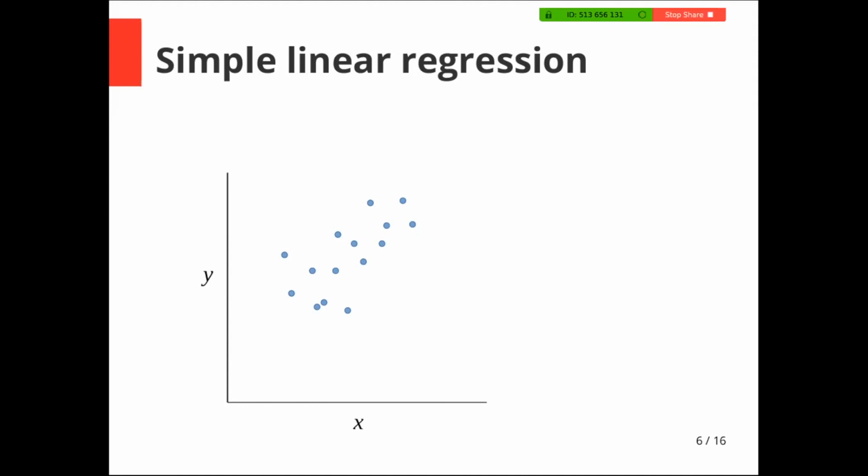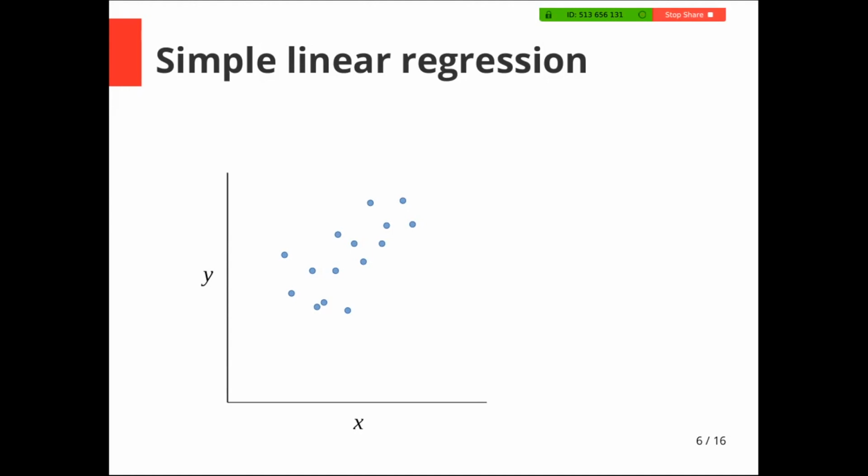So I'll try to give some overview of linear regression. Let's say we have two variables, x and y. Y could be, for example, the expression of a gene, and x could be some other variable. We make a scatter plot, and we can see there is some kind of relationship between x and y: when x grows, y also grows.